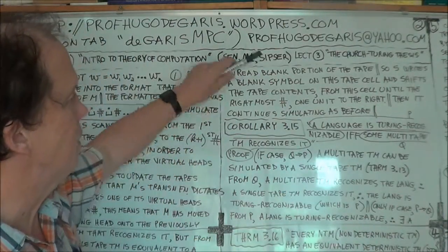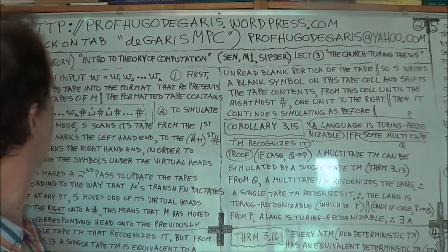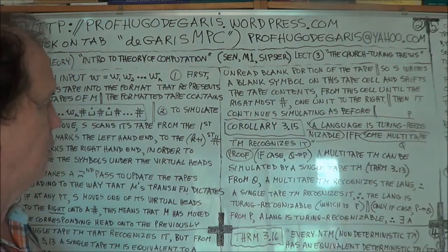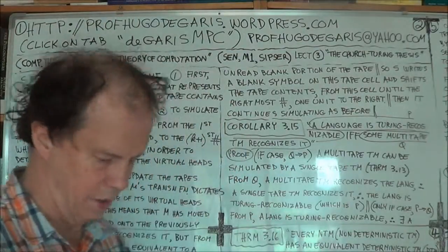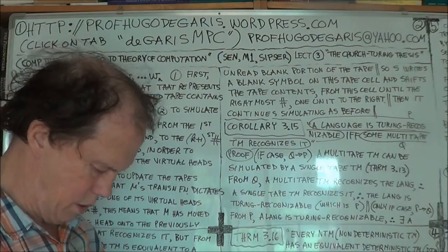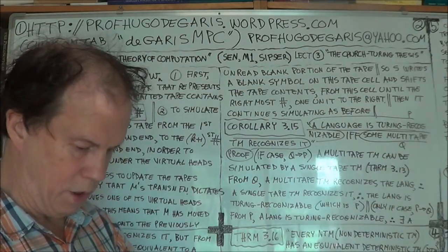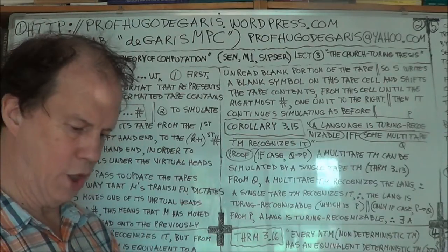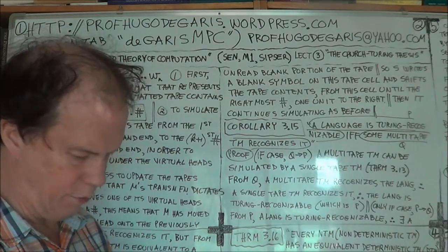Okay, right. So assume that theorem has now been proven. What was that? It was theorem 3.13, I think. Theorem 3.13. Every multi-tape Turing machine has an equivalent single-tape Turing machine. Okay, so assume we've proved that.